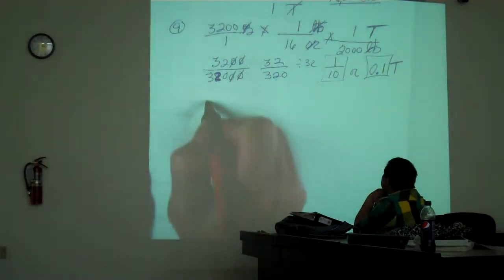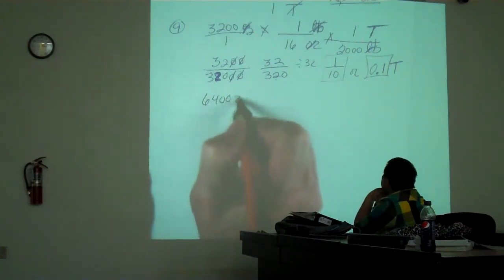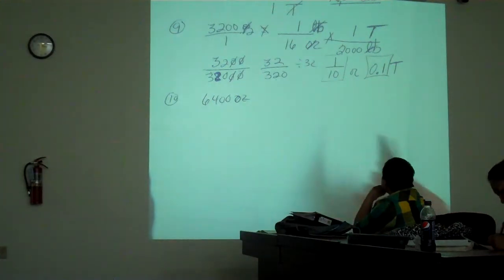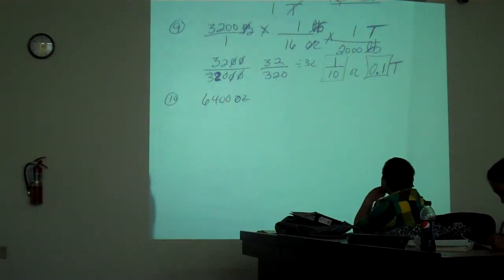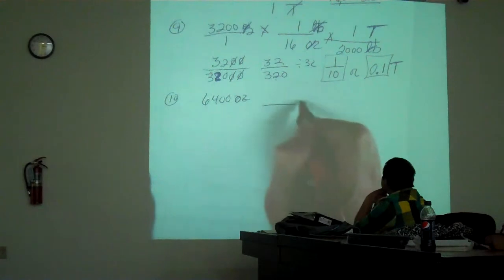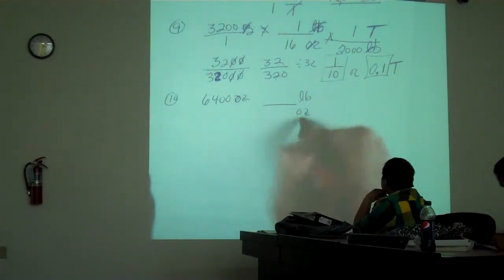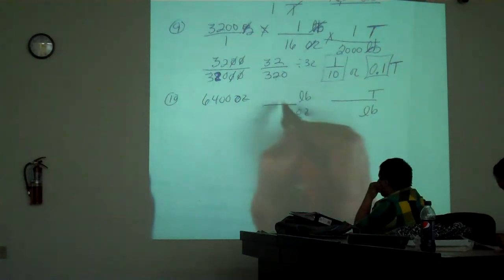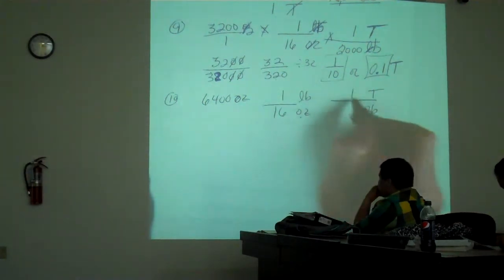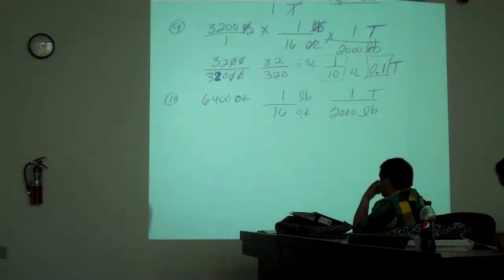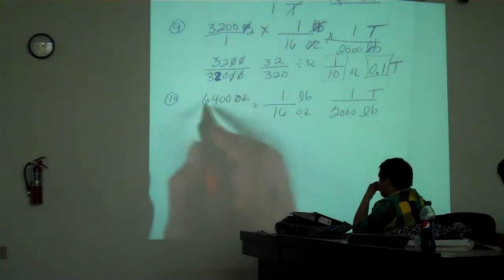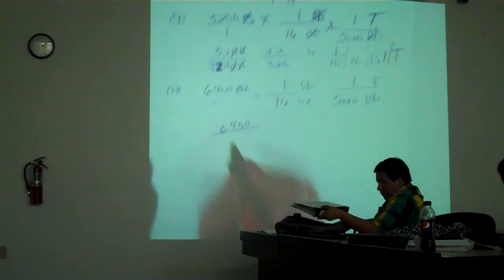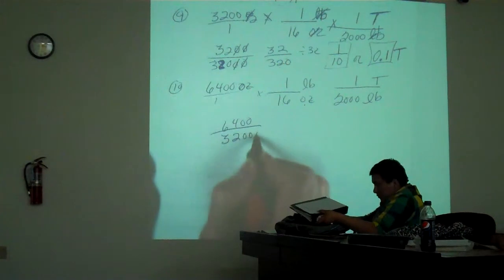Okay, let's do another one like that. 6,400 ounces. This one is number 10. And we want to go to tons again. We got to make both jumps, right? Put the ounces on bottom, pounds on bottom, and our tons are on top. Same numbers, 1 pound is 16 ounces, 1 ton is 2,000 pounds. So this time we're going to have 6,400 on top and the same, 32,000 on bottom.